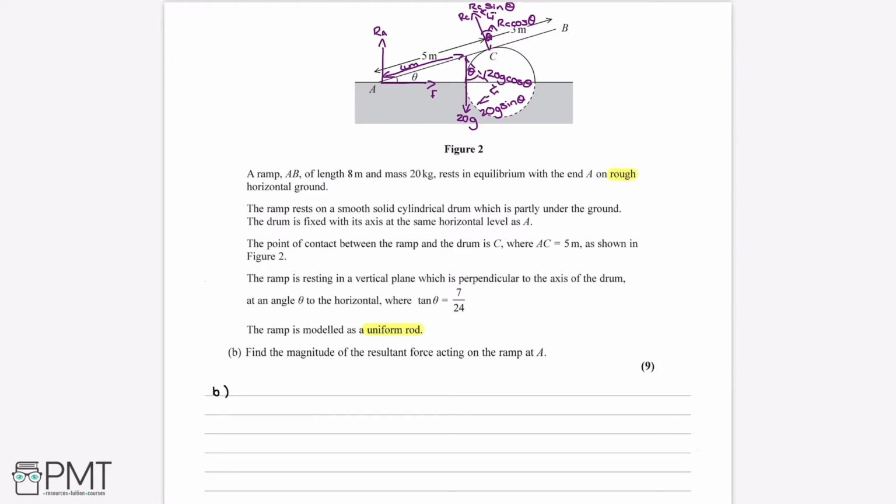So now that we have everything that we possibly could labelled on this diagram, we can start to do some calculations. And the first calculation we can do, and this calculation will help us find the value of RC, is if we take moments about A. Because if we take moments about A, that eliminates this force and this force, because if we're taking them from this point, the distance to both of these is 0.